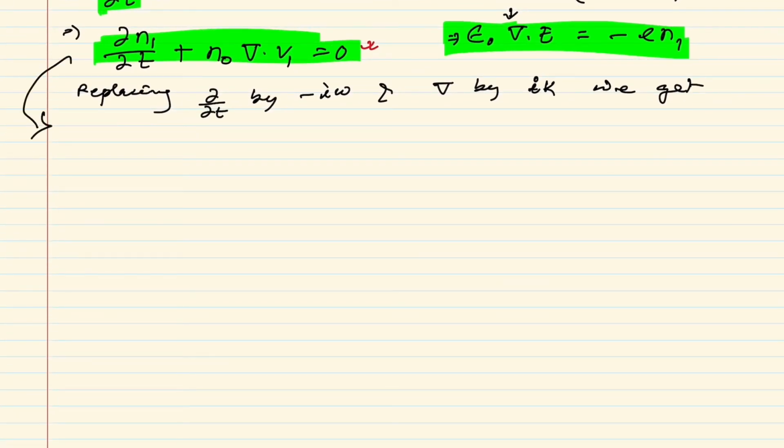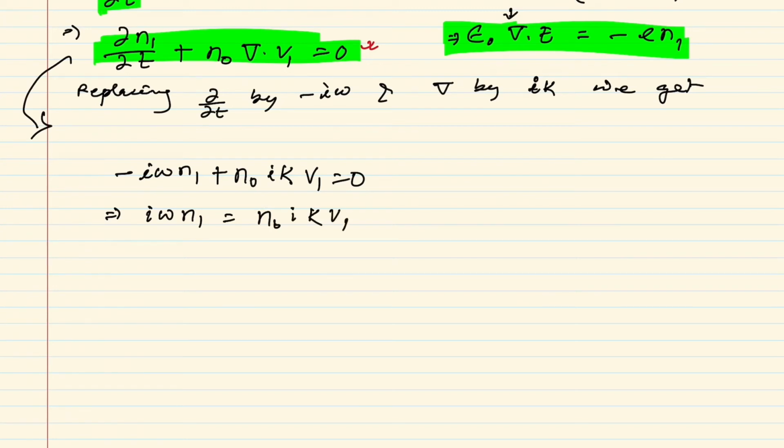From this equation we will get minus i omega n1 plus n naught del will be i k, isn't it? i k V1 is equal to 0, which implies i omega n1 is equal to n naught i k V1, which implies n1 is equal to n naught k V1 by omega.